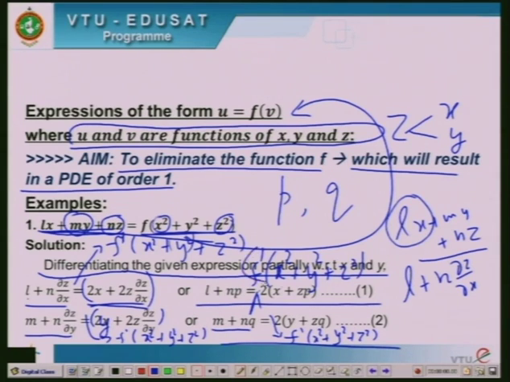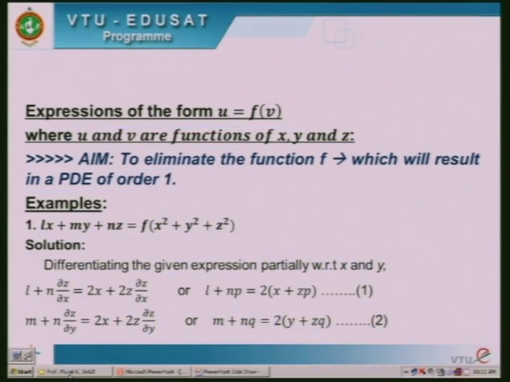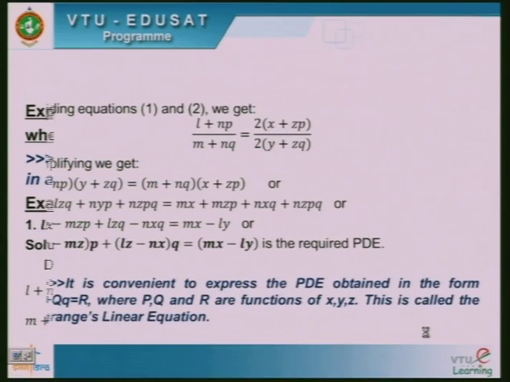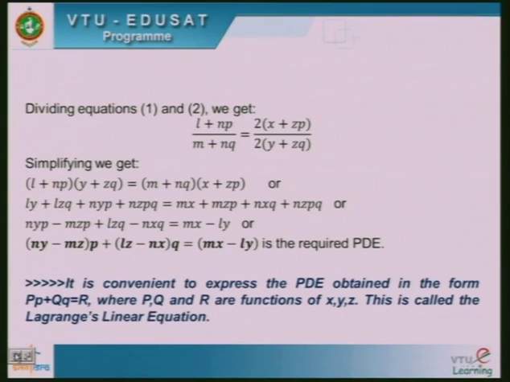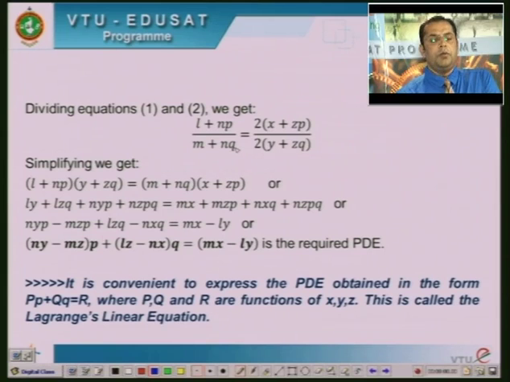You can see that the f' terms cancel and also the 2 cancels, which will give you the relation: (l + np)/(m + nq) = (x + zp)/(y + zq).